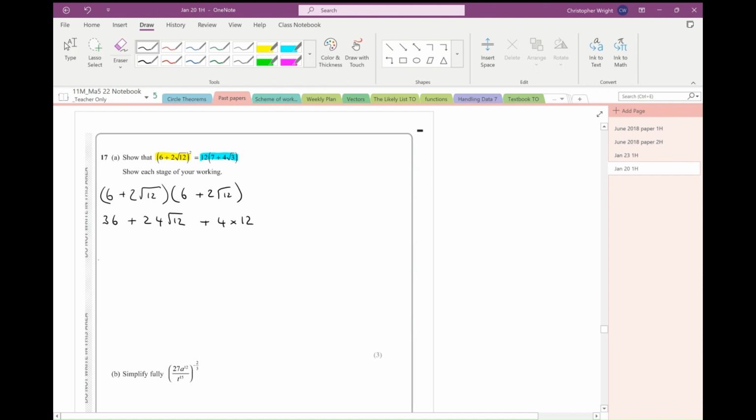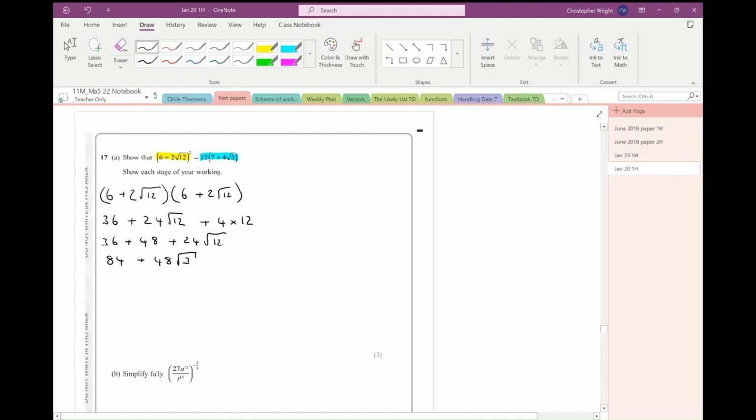So I've got 36 plus 48 plus 24 root 12. So that is 84 plus, I'm going to take out a 4 from the 12. So I'm going to root the 4, so it gets me 48 root 3.